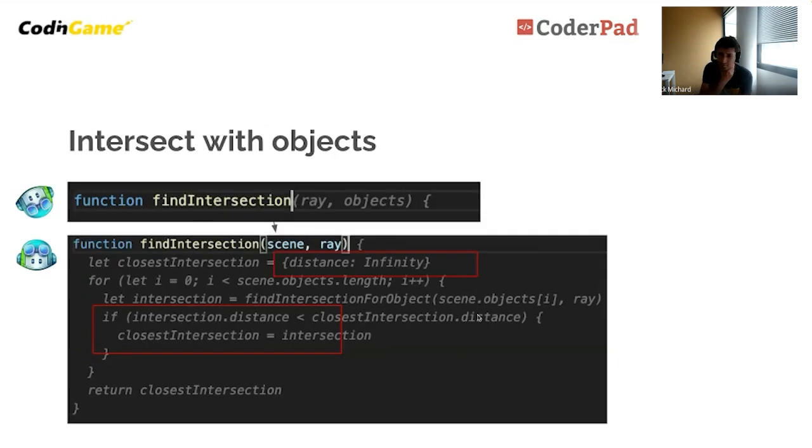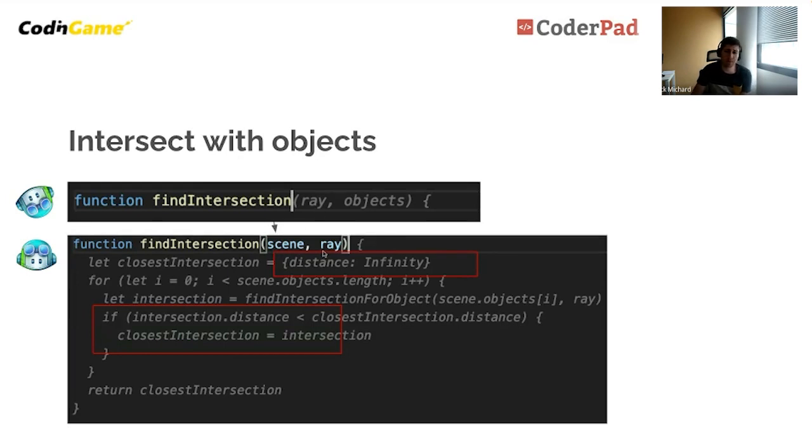So now we need to actually intersect objects. So first, I just typed the find intersection function. And it was proposing me the wrong parameters because I don't want to have a ray and objects. I want to have the full scene and a ray.